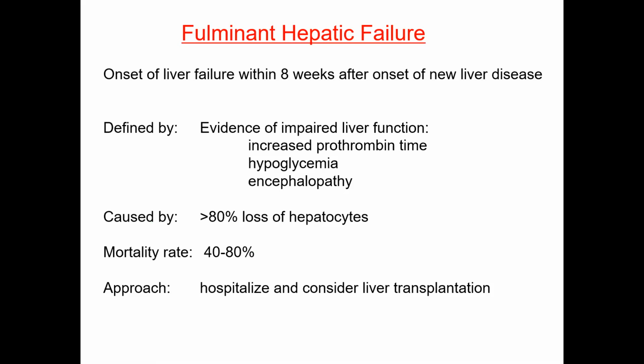This is defined by evidence of impaired liver function, such as increased prothrombin time, hypoglycemia, and even the presence of encephalopathy. This is caused by greater than 80% loss of hepatocytes, so more than 80% of your liver is damaged or dead, then there is no way for the liver to cope or regenerate itself. And the mortality rate for this condition ranges from 40 to 80%.